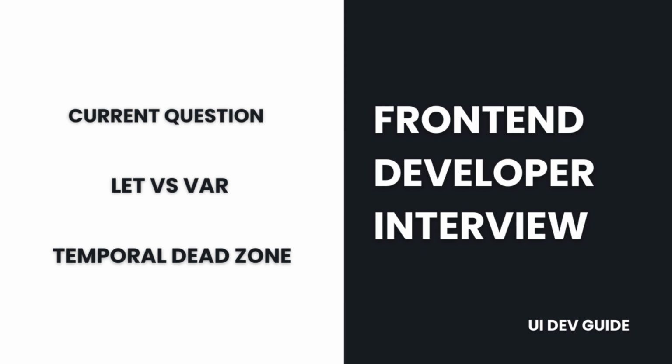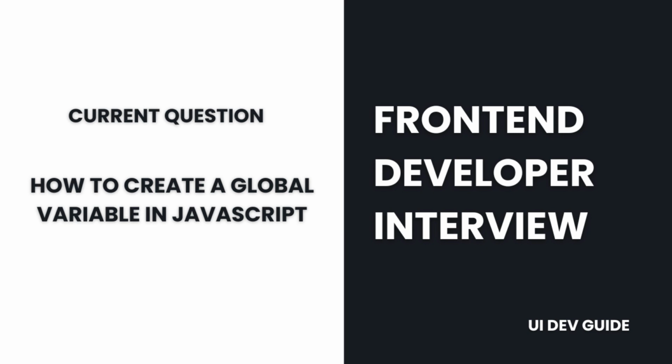So it is applicable for var as well? No, let and const have this, but var is a global scope variable, so it has its thing before itself. So var is global scope? Yes, I mean functional scope. And if I want to create a variable as global scope, how can I create it?